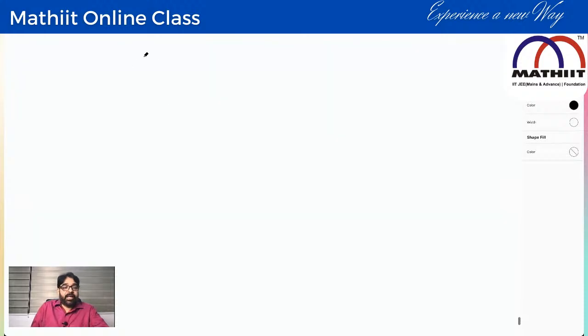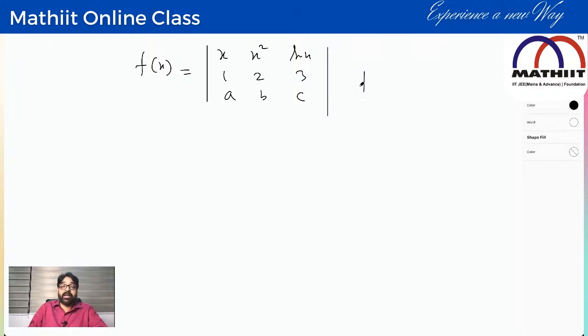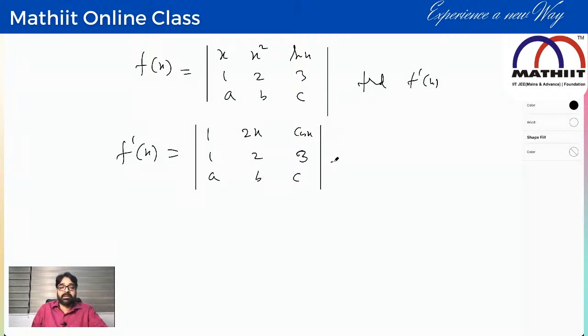Now imagine f(x) is coming as the determinant x squared, sin x, 1, 2, 3, a, b, c. Here a, b, c are constants. If they ask you to find f'(x), then f'(x) will be equal to the differentiation of the first row. I will go row wise, it's easy. So 2x, cos x, 0, with 1, 2, 3 and a, b, c, plus differentiation of the upper row. This will be as it is, and in this differentiation all elements will be 0.